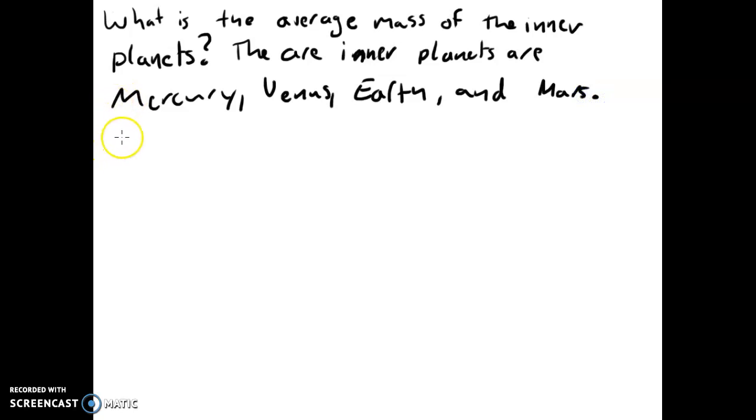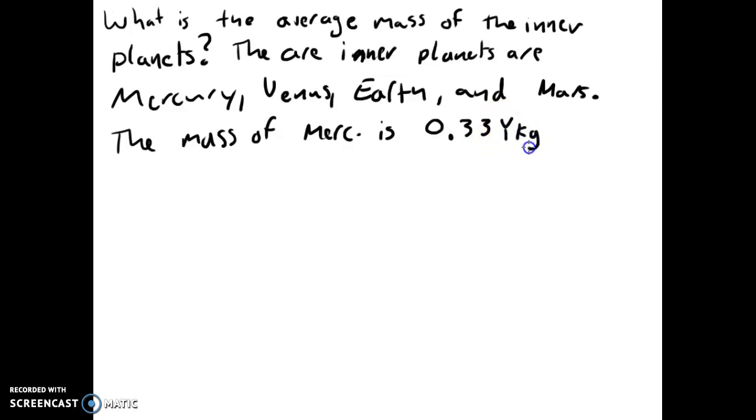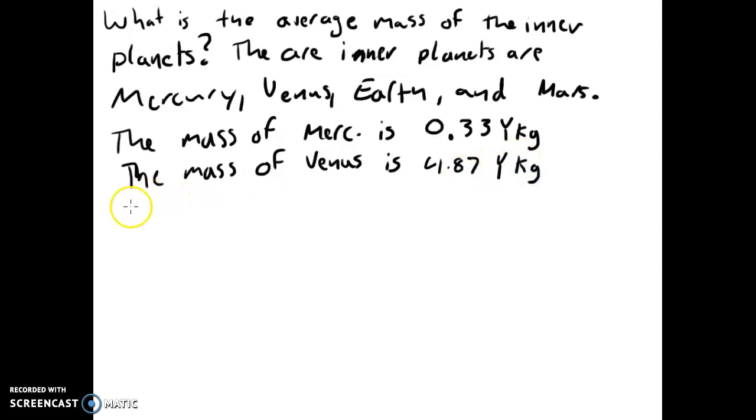And I'm even going to tell you that the mass of Mercury is 0.33 yotta kilograms. I'm going to abbreviate that YKG. I'm going to tell you the mass of Venus is 4.87 yotta kilograms. Again, abbreviating YKG.